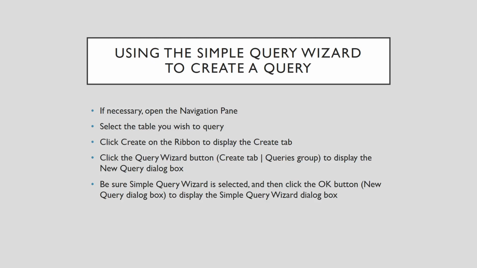Now we can use the simple query wizard to create a query. If necessary, we have to open the navigation pane and select the table we want to apply a query.